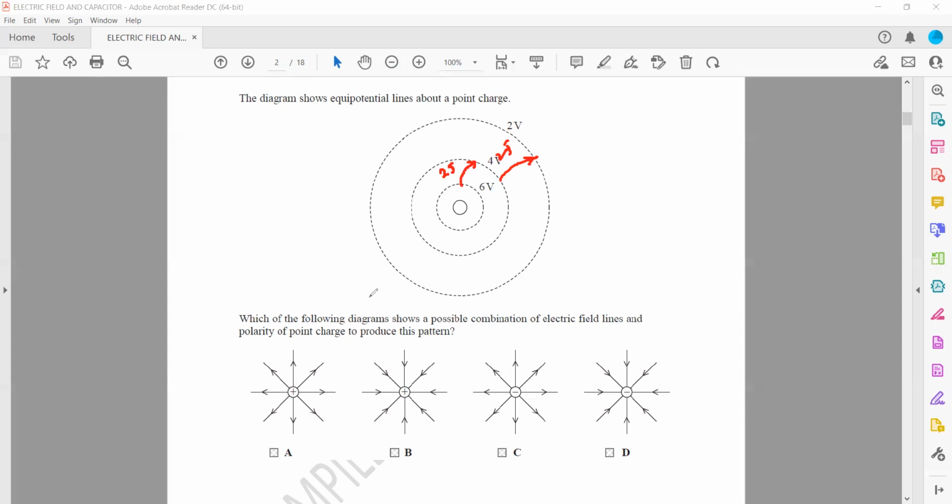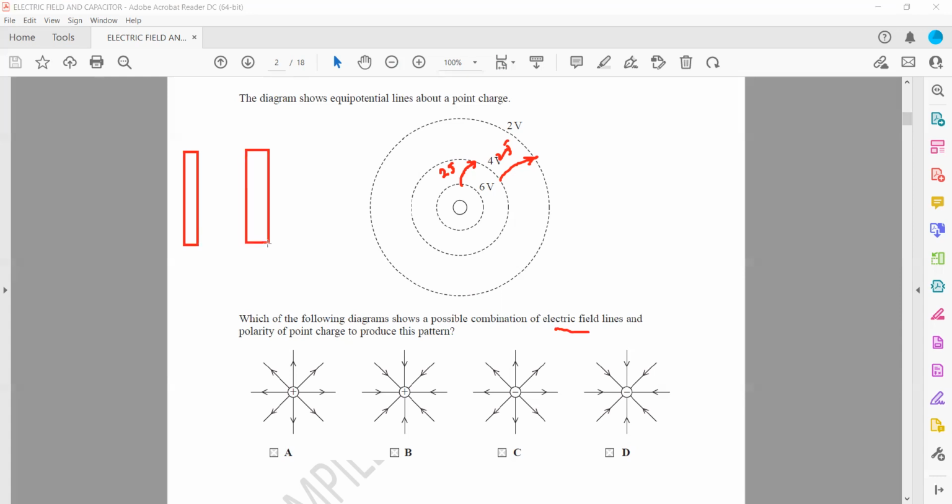So the question is, which of the following diagrams shows a possible combination of electric field lines and the polarity of a charge to produce this pattern? How can we work out the polarity first? Remember, the potential always decreases if we move from the positive terminal to the negative terminal.